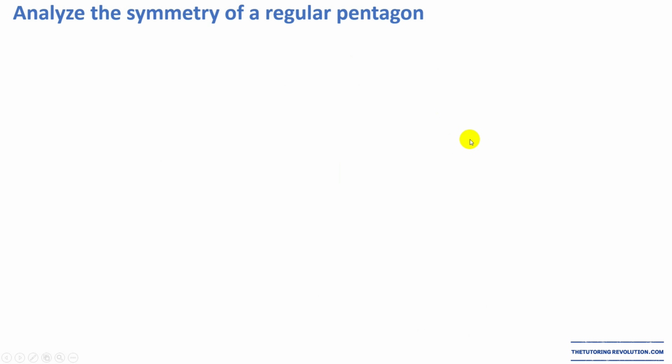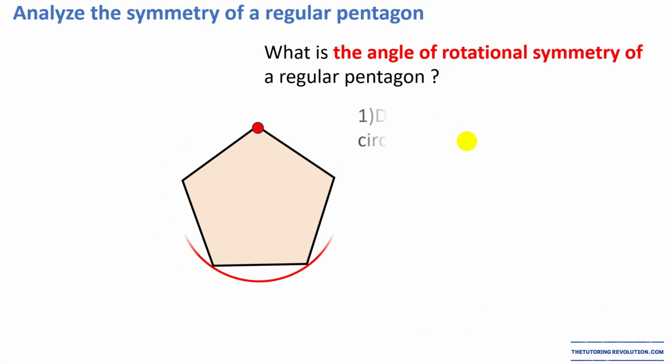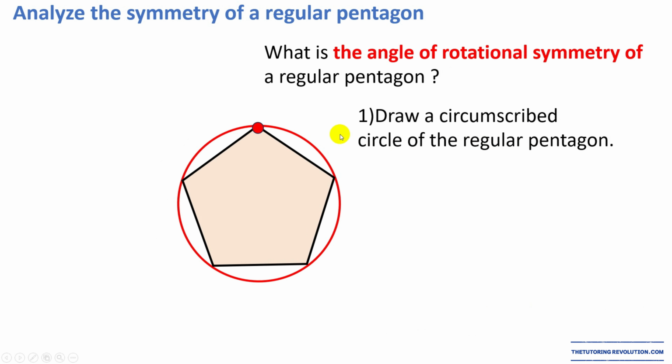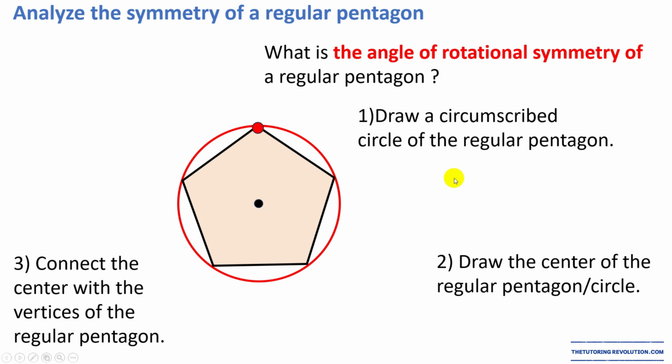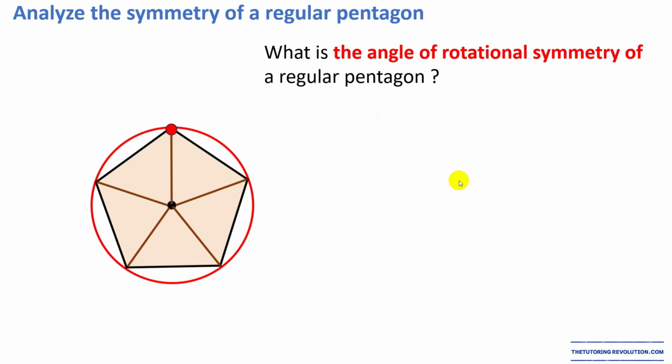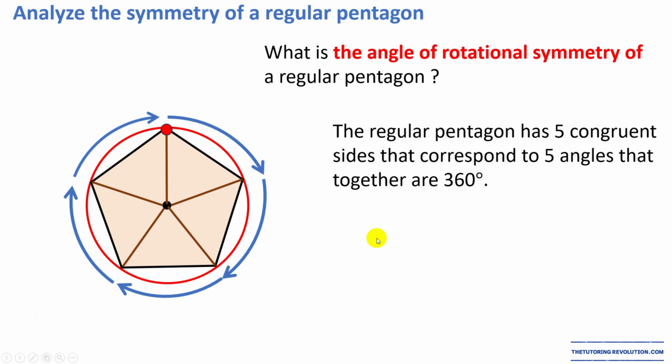What is the angle of rotational symmetry of a regular pentagon? Again, we draw a circle just to indicate that this whole thing is going to be 360 degrees. We draw the center, and we connect the center with the vertices of the pentagon. So basically, we're dividing 360 into 5 equal angles.